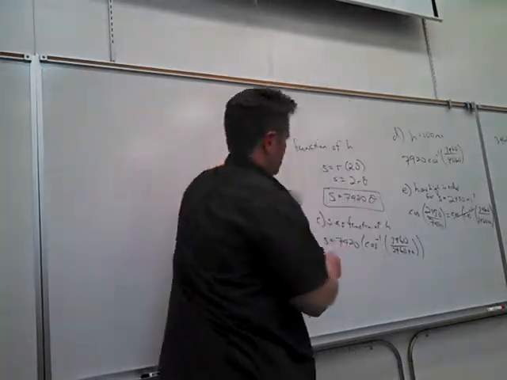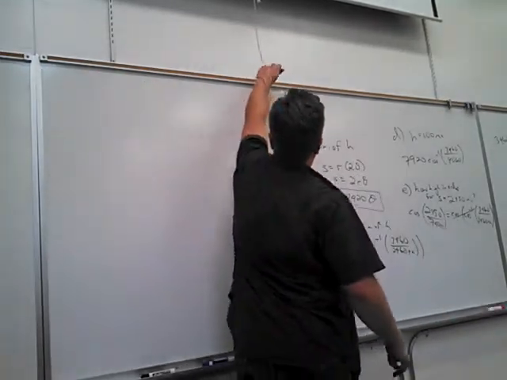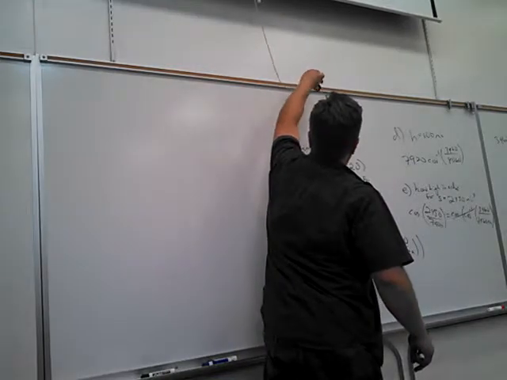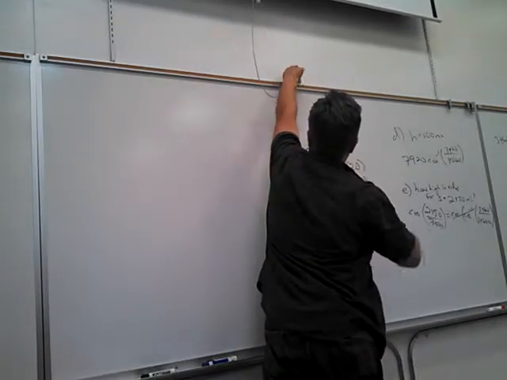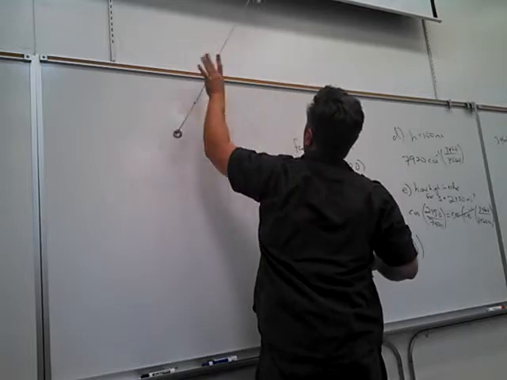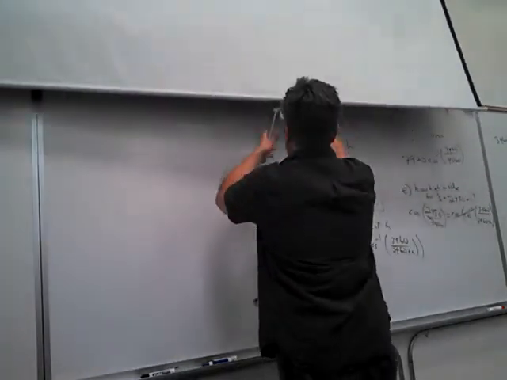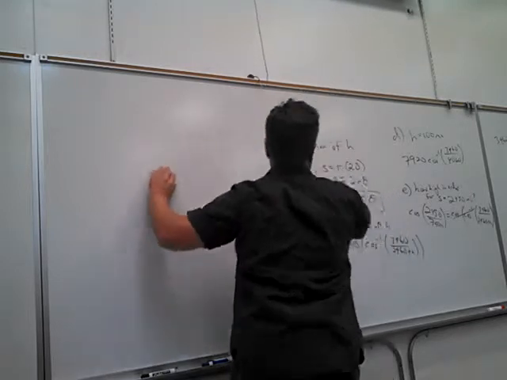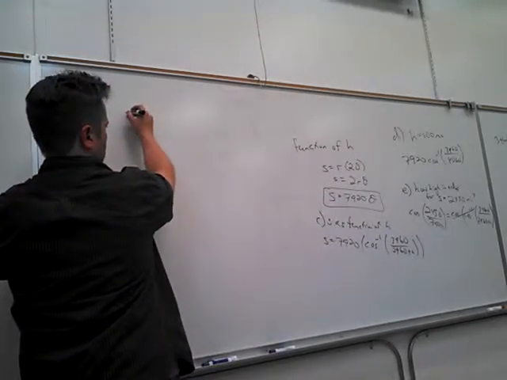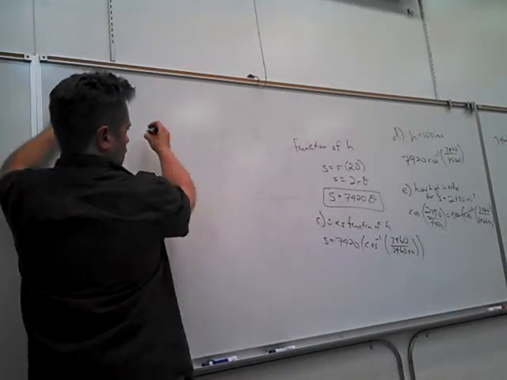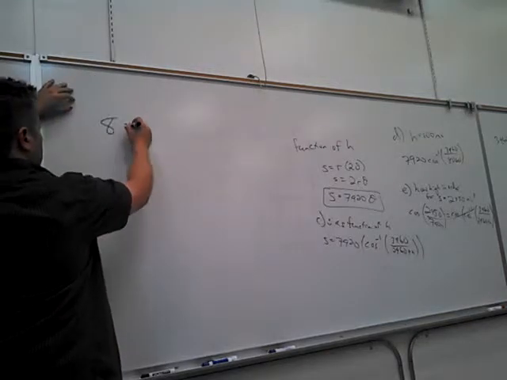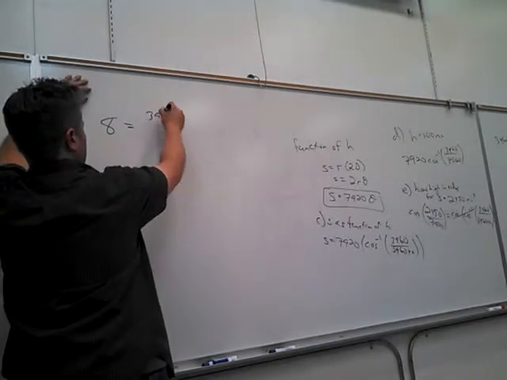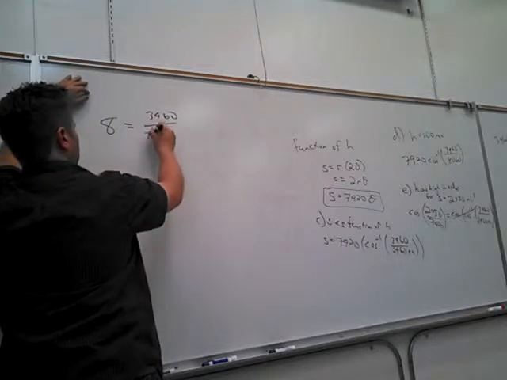But I'll tell you this, the shortcut for that kind of thing. Oh, that's much better. If I had, let me just try to capture this idea, a number, let's say it's 8, equals 3960 over 3960 plus h.